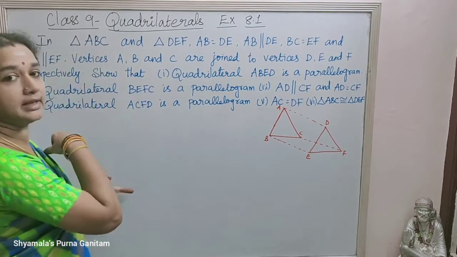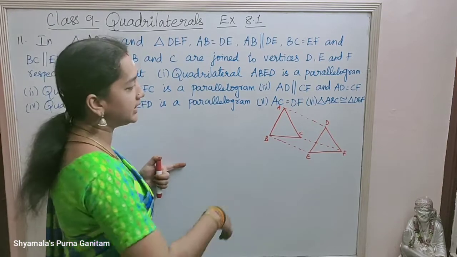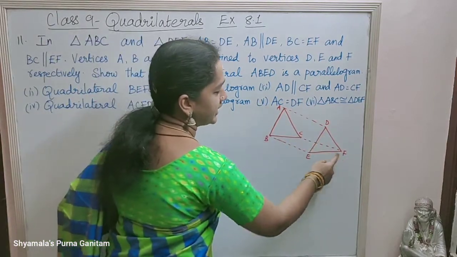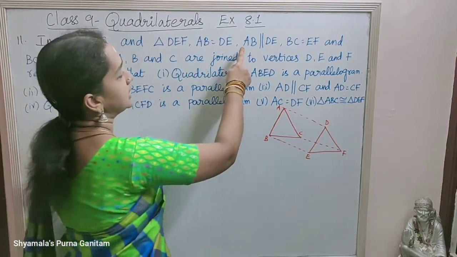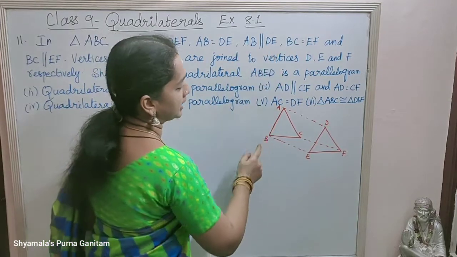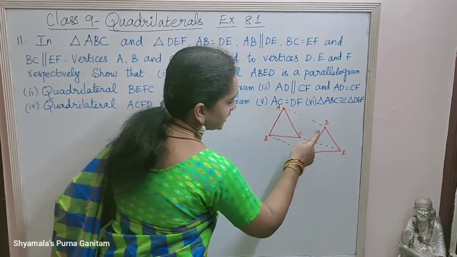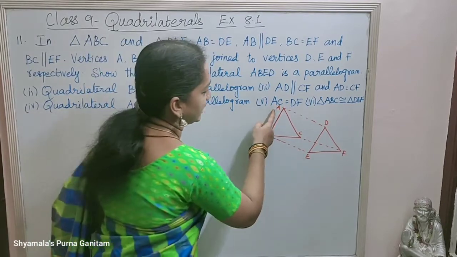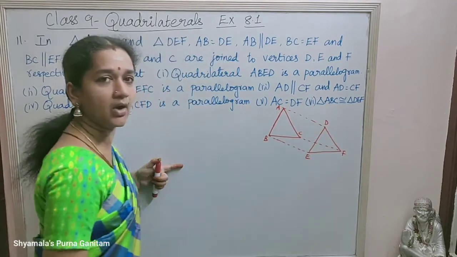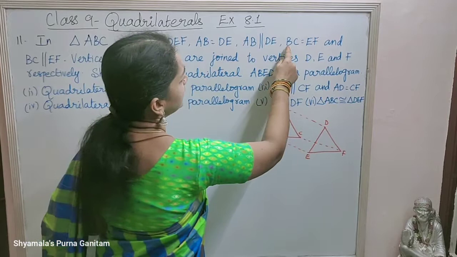So in triangle ABC and triangle DEF, ABC and DEF are triangles with AB parallel to DE. So in these two triangles it is given that AB and DE are parallel to each other.